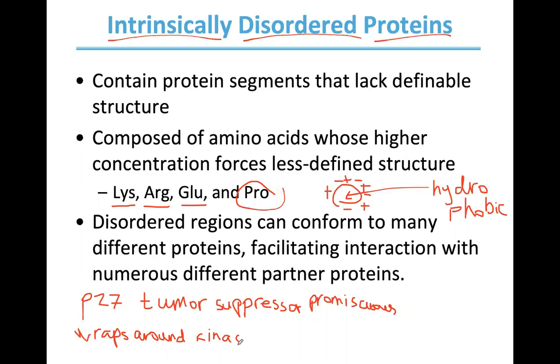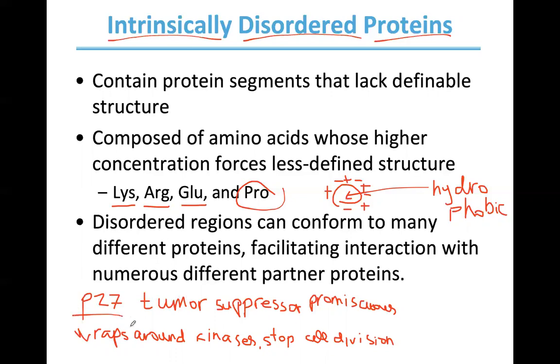Phosphorylation kinase cascade. So it wraps around kinases and stops cell division. If they stop cell division, they stop tumor cell proliferation. They are tumor suppressors. Okay, so P27 is one of them.